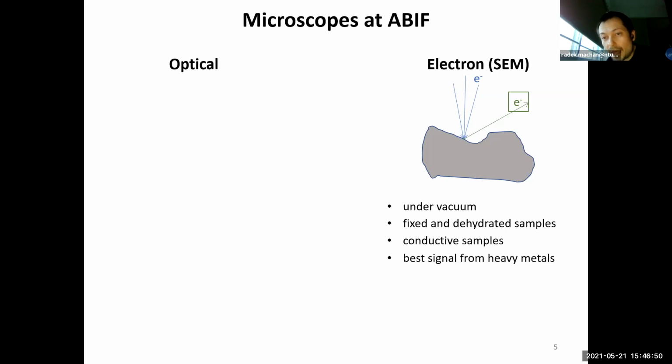And to prevent accumulation of charge when you are hitting the sample with electrons, the sample needs to be conductive so that you can drain the excess of the electrons from the sample. And on top, the best contrast comes from heavy metals. I'm not talking about any music genre here. I'm talking about things like gold, platinum.